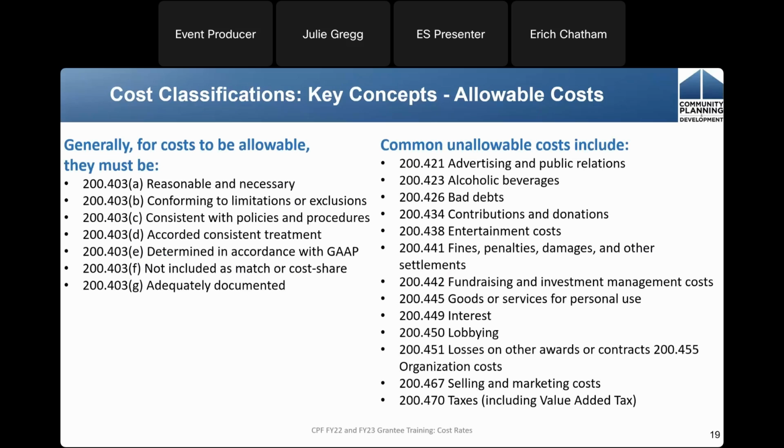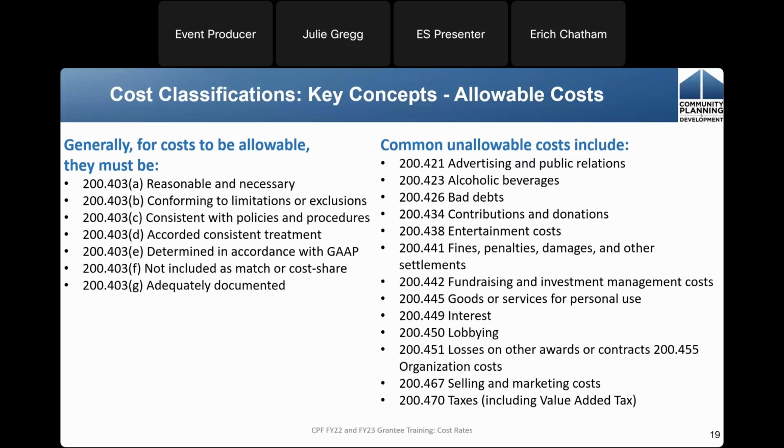So diving into further details here of the cost and allowable cost versus unallowable cost in 2 CFR 200. Left-hand side shows the requirements to confirm a particular cost is allowable to be charged against your federal award. And on the right-hand side is a list of costs that are always not allowable or unallowable costs.